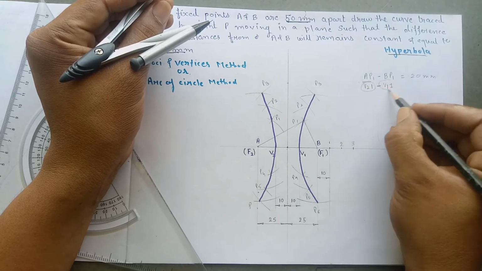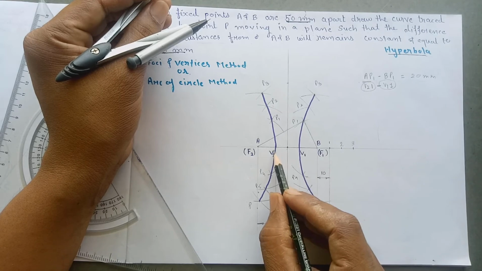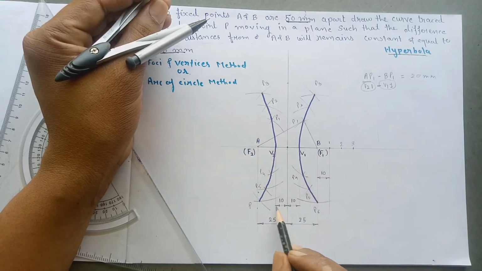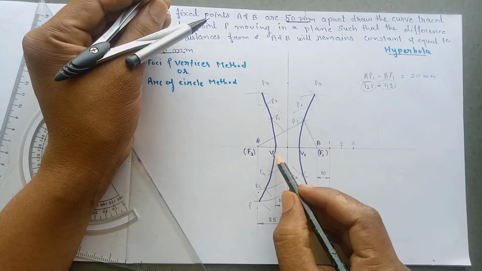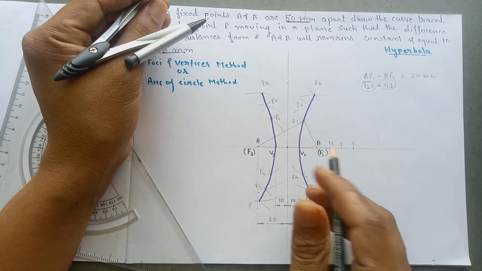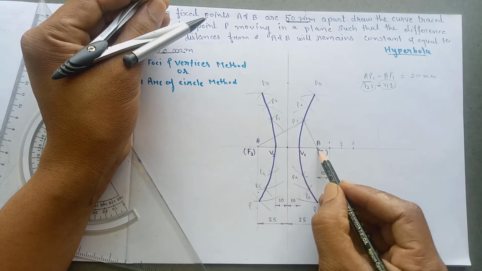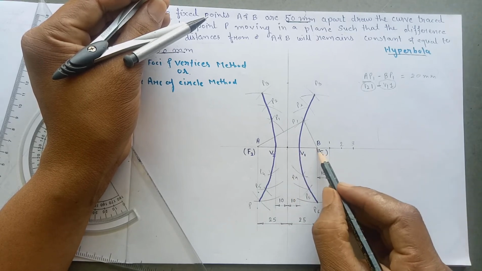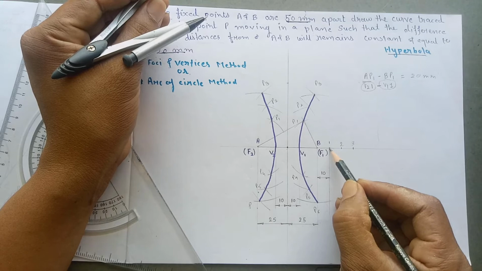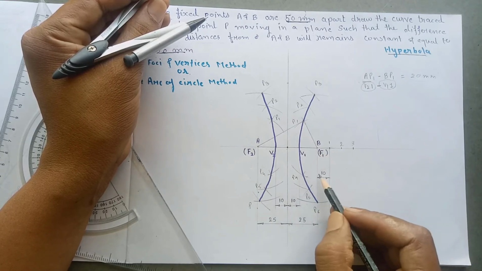So V21 and V121, V221. So V221 distance is equal to 10 plus 10, or we can say 10 plus 25 up to B. From V2 to this point 10 mm, from this point to B is equal to 25 mm, and from this point to 1 is equal to 10 mm.